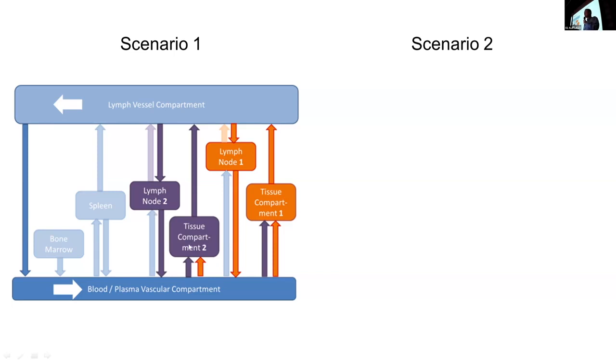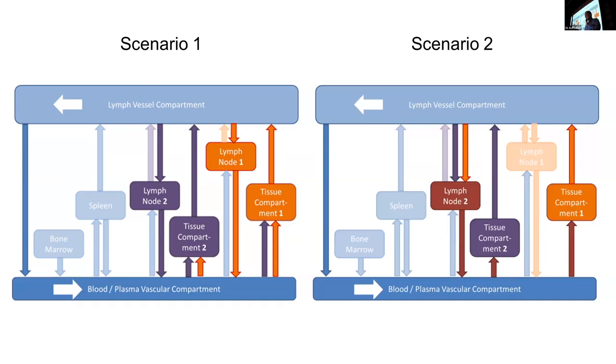This is a compartment which has mostly host tissue cells and only a few tumor cells, so it's considered as a compartment where we have metastasis. Please keep in mind that this vessel compartment is not really a compartment. There is a substructure, so that's not a homogeneous compartment.